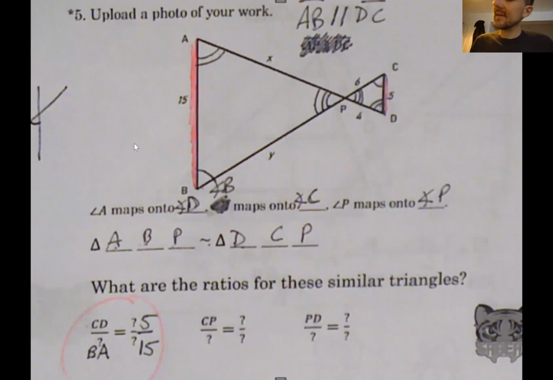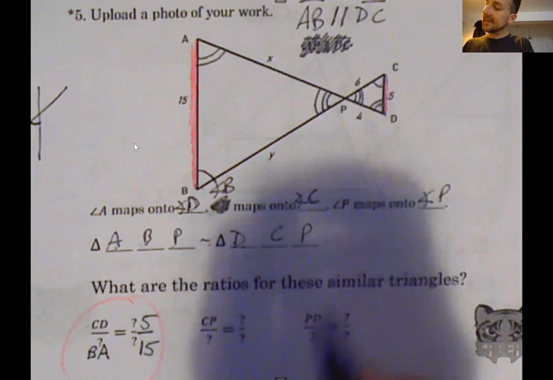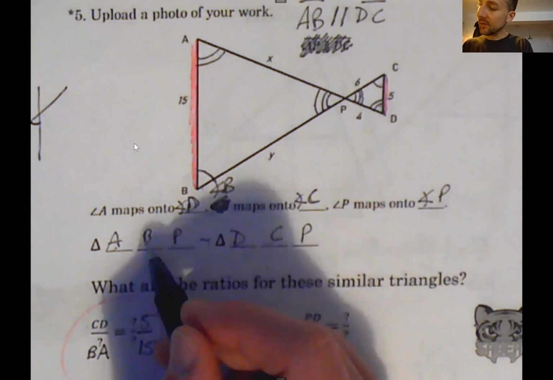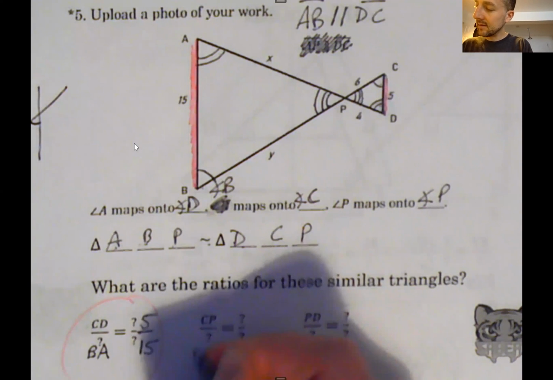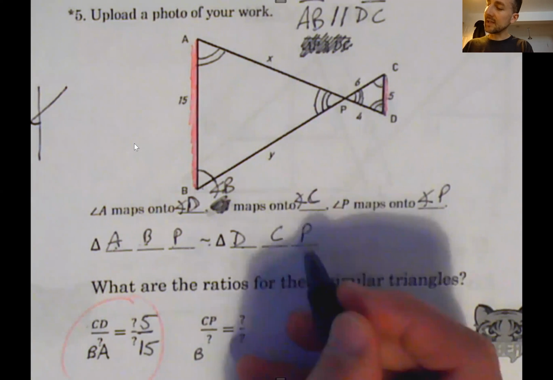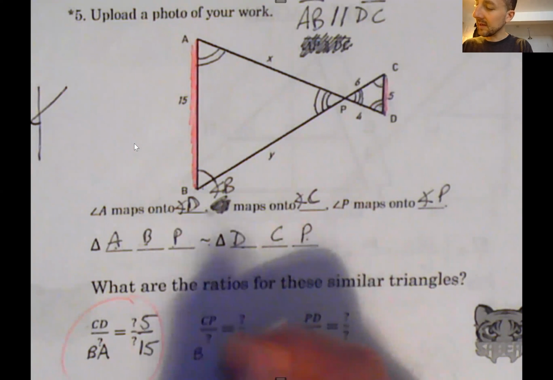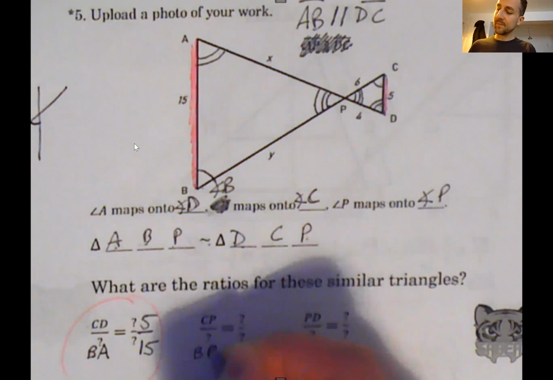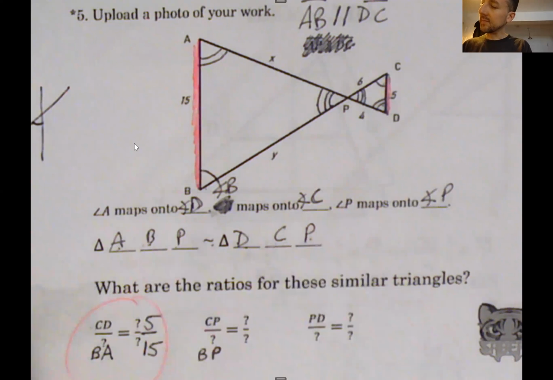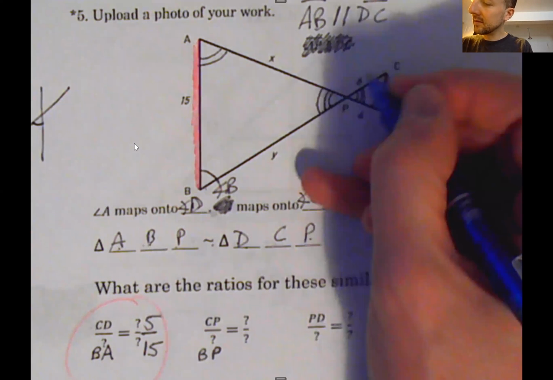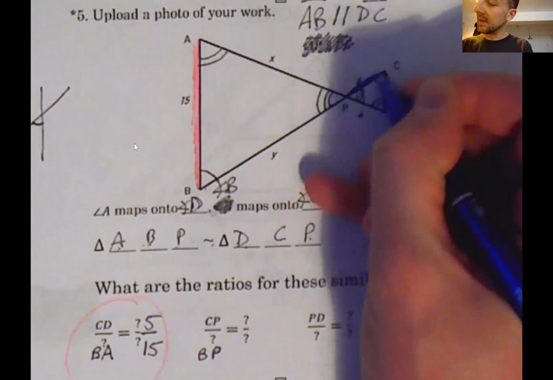All right. So again, C corresponds with B. So under the C, I'll write B. And P corresponds with P. So under the P, I'll write P. So we're talking about CP and BP.